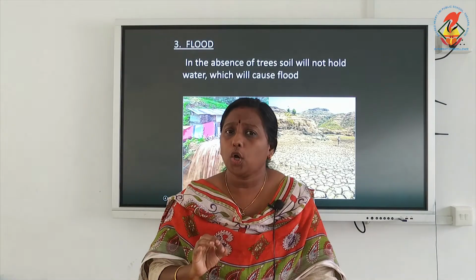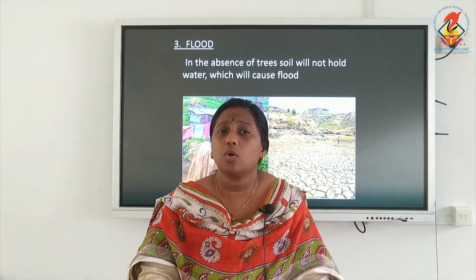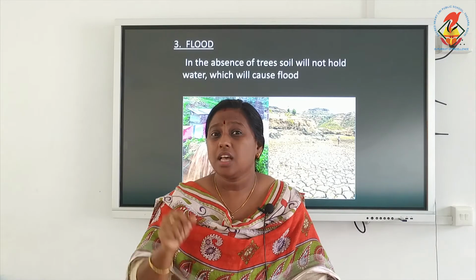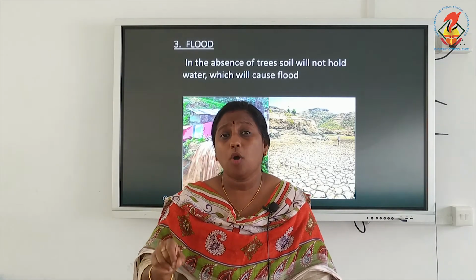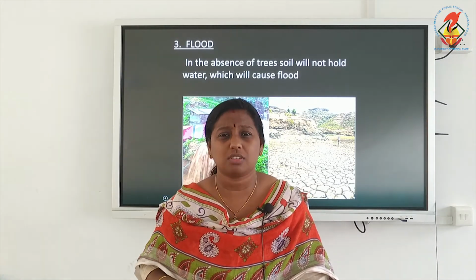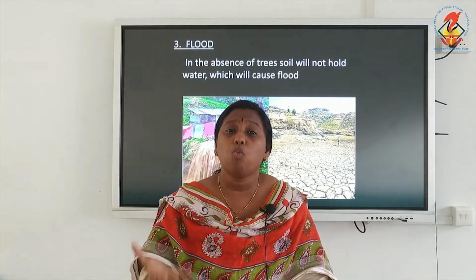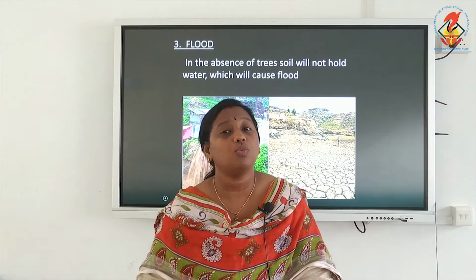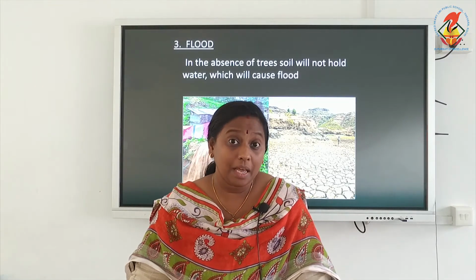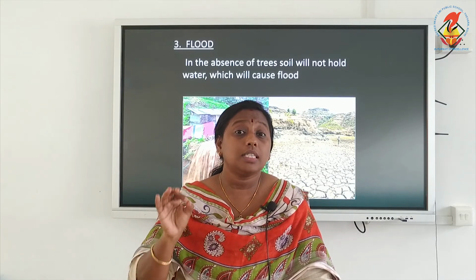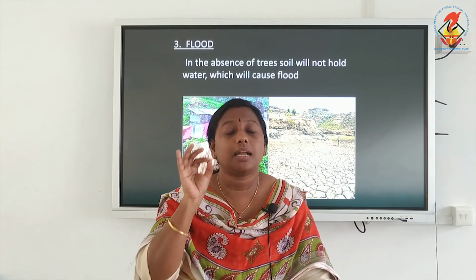So when flood occurs, the groundwater resource is not replenished. That is, the amount of water in the water table reduces. There is less water in the underground water resources, thereby the water cycle will be interrupted.